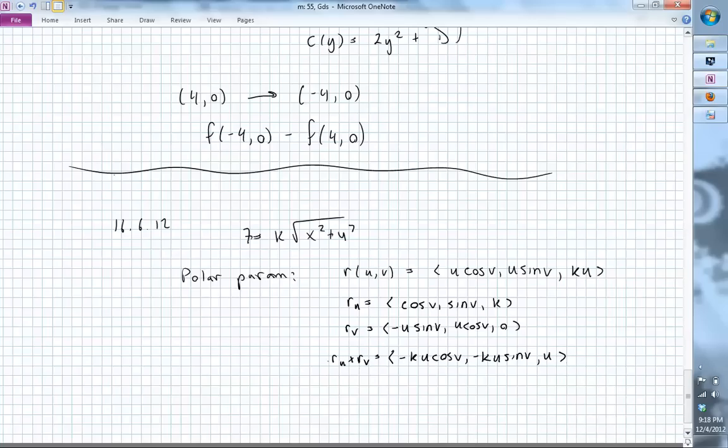The magnitude of that thing is going to be, well, let me just do the whole thing. K squared u squared cosine squared v plus k squared u squared sine squared v plus 1, to the 1/2.